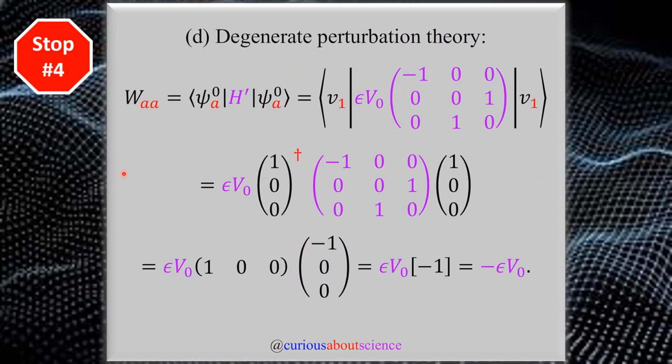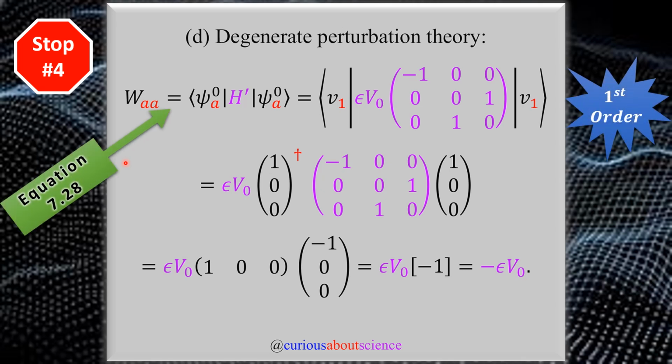That will be stop number 4, and this is where we deal with the other two degenerate eigenvalues of the unperturbed matrix. So with that, if we're going to move into this, we only know the tools for the first order degenerate theory right now. Of course, we can go ahead and use higher order if we need to.